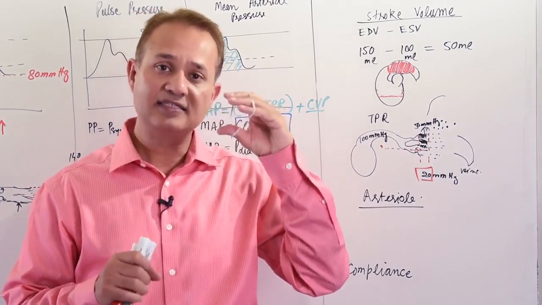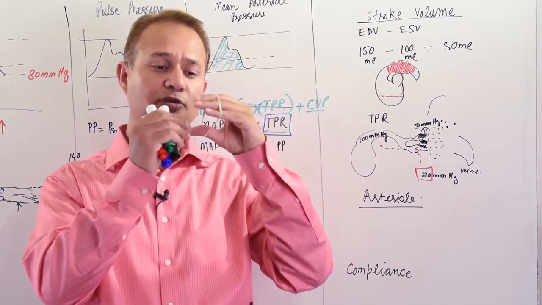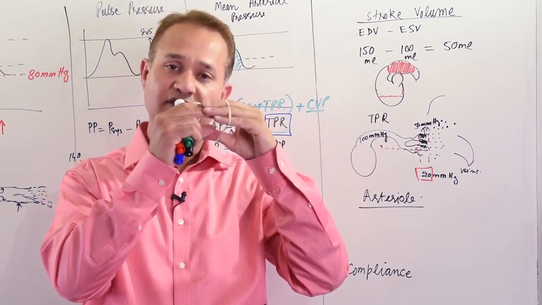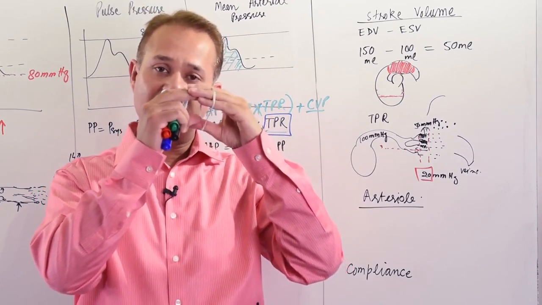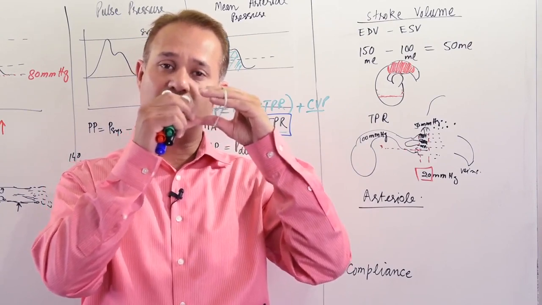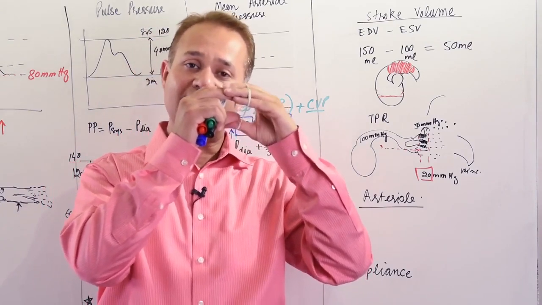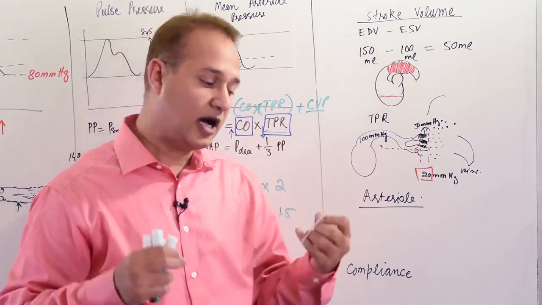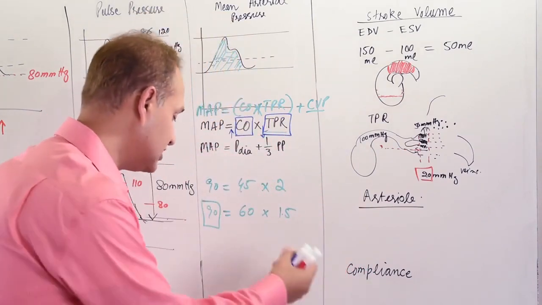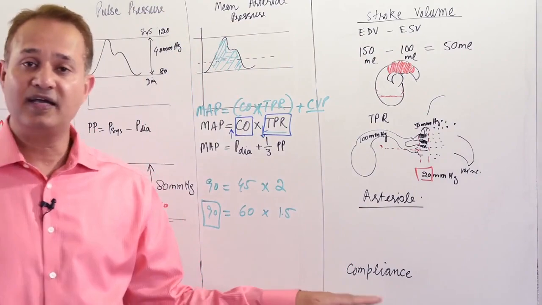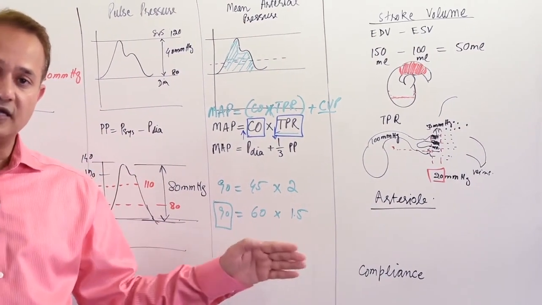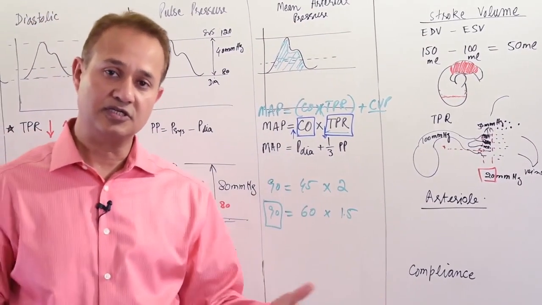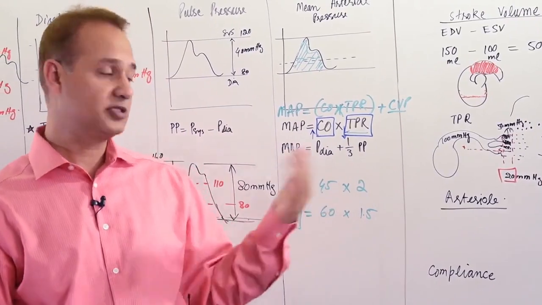Now the compliance is important because as we push the blood volume in a blood vessel, that vessel has to become distensible to accommodate the volume. Then it squeezes that blood to get it out of it. So that is how the pressure is maintained. So of course this is a very important phenomenon. Compliance reduces with age and reduces in some pathological conditions like arteriosclerosis or atherosclerosis.